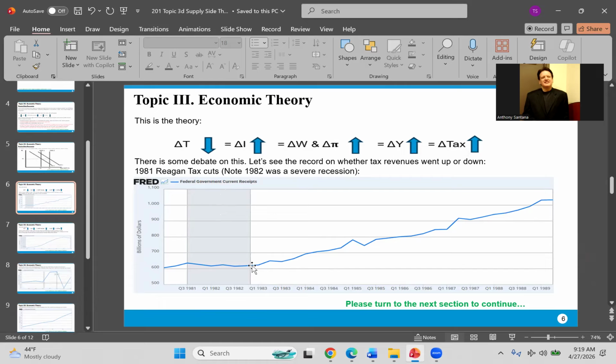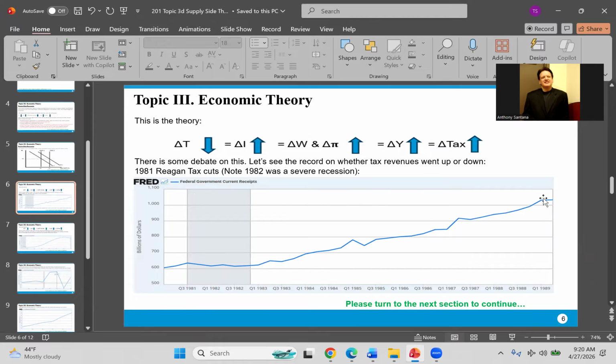So here's when the tax cuts went in by 82, and we were in a deep recession here. And so what's happened is we have about a level of $600 billion in tax revenues. And we see that by the time Reagan left, if the 600 had doubled, it would be a trillion two.